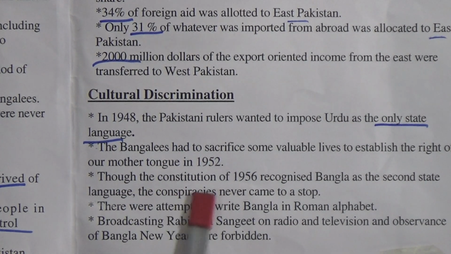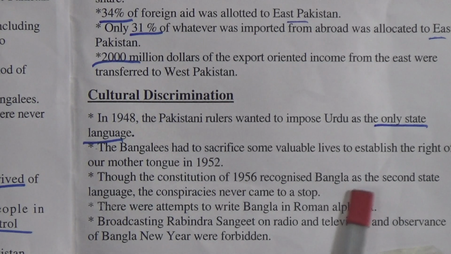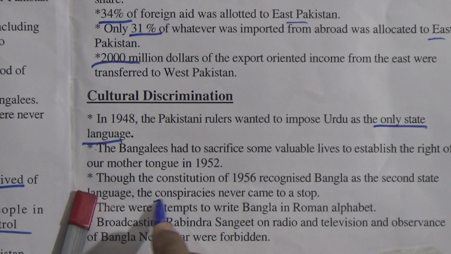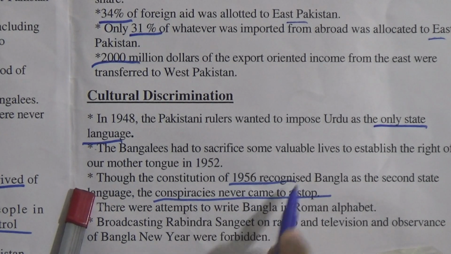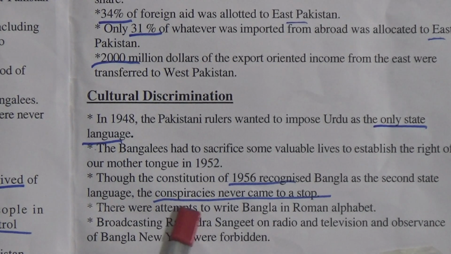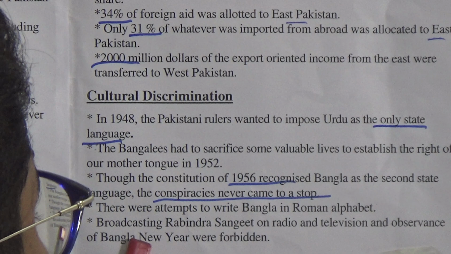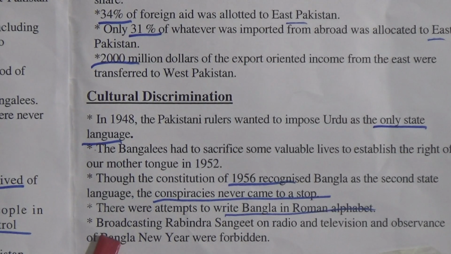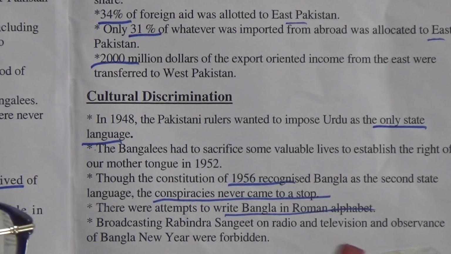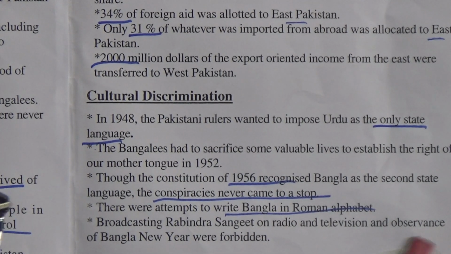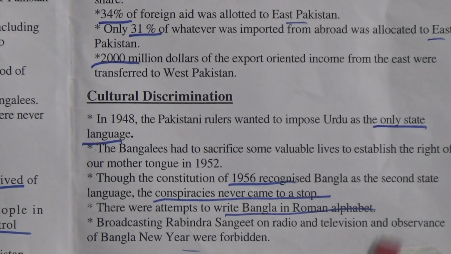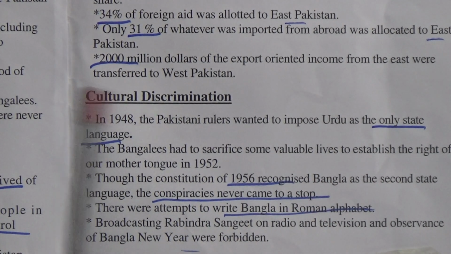Though the Constitution of 1956 recognized Bangla as the second state language, the conspiracies never came to an end. There were attempts to write Bangla in the Roman alphabet. This was another discrimination. Broadcasting Rabindra Sangeet on radio and television and observance of Bangla New Year were forbidden. So these are all the discriminations or disparities.